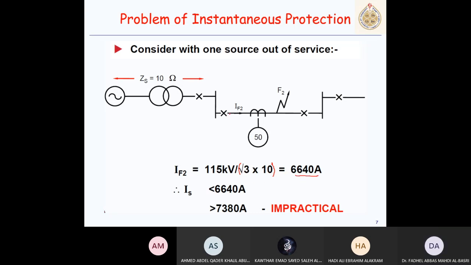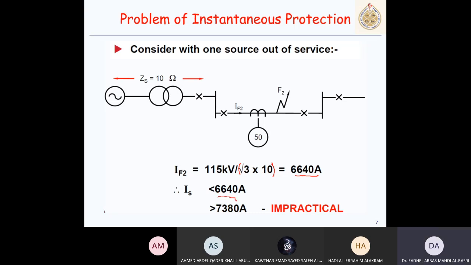The instantaneous setting cannot be higher than the local fault current. If it is higher, then it will not detect any faults. If the setting is greater than this value, it means it won't detect this fault. So we want to make it smaller than this value.